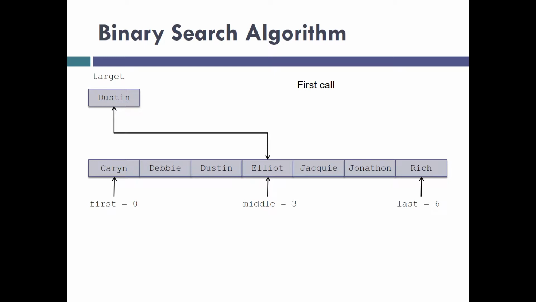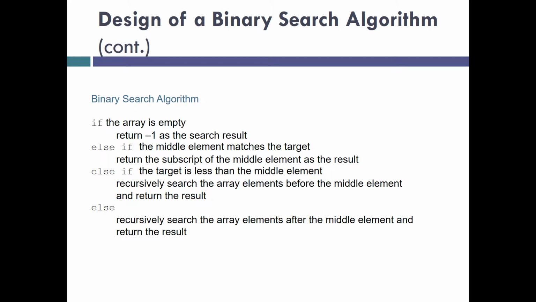Mind you, we would have found it in 3 steps anyway. It's hard to show this works with small examples because you can normally find them pretty quick. But the algorithm is as follows: if the array is empty, we return -1, which is the way of saying the index you're looking for doesn't exist. We're returning the index of the item we're finding. If the middle element is the target we're looking for, that's the other base case, so we return that index.